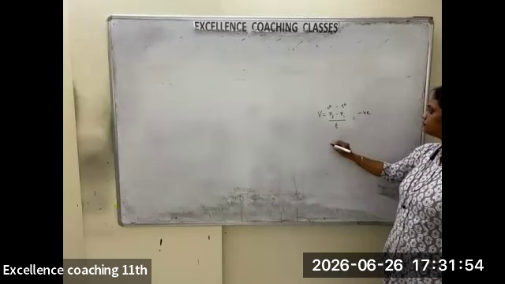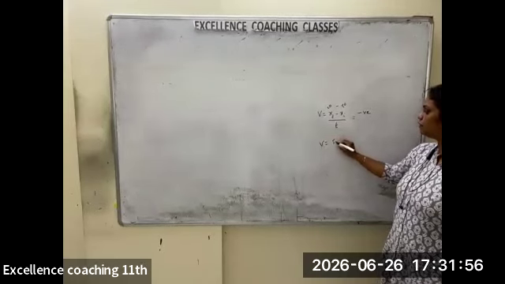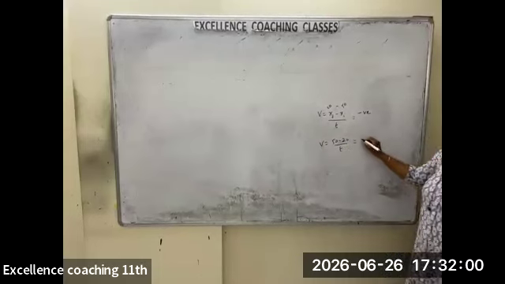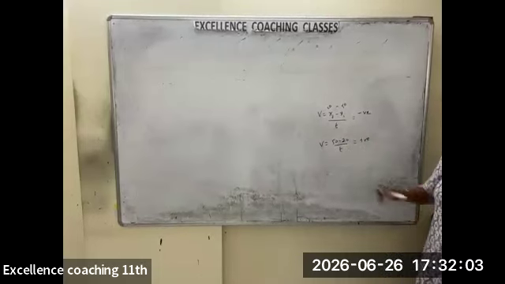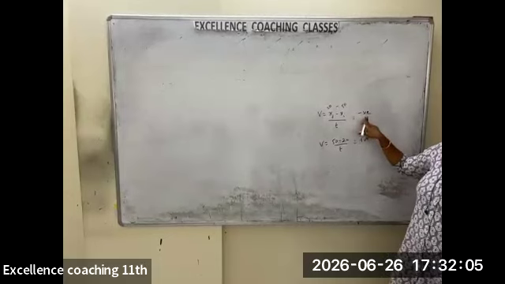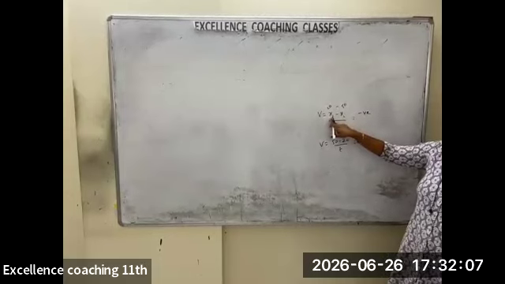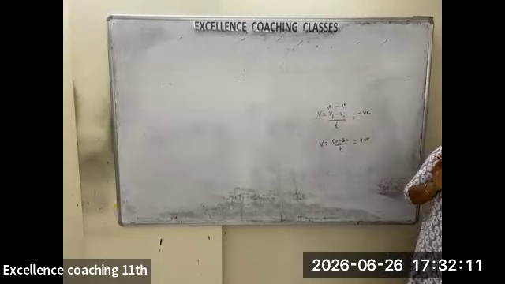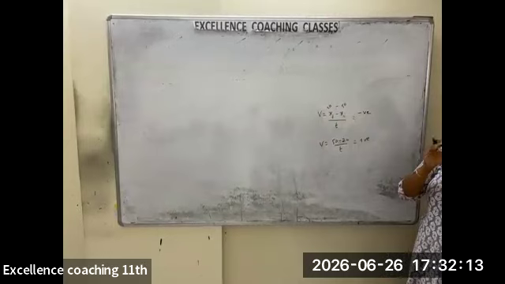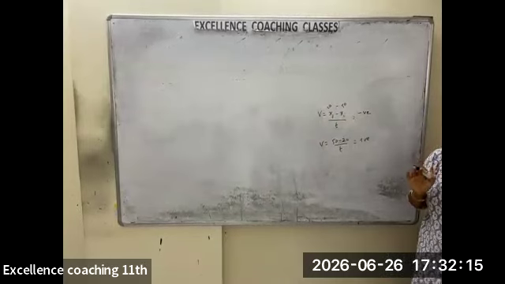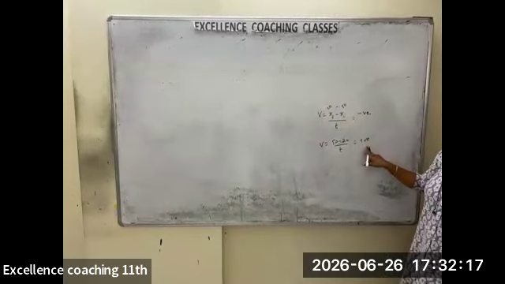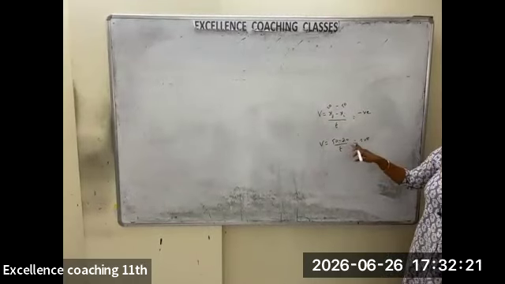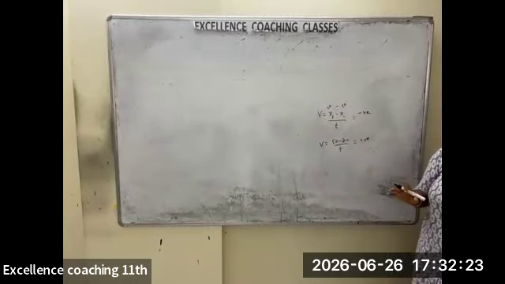If it is 20 minus 50, what answer will come? Positive will come. So for negative velocity, what should be greater? Initial should be greater than final. Initial value of displacement should be greater than final value of displacement. To get positive, what should be greater? Final should be greater than initial value.